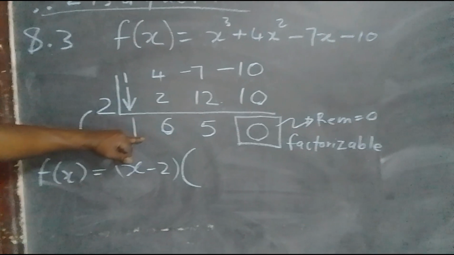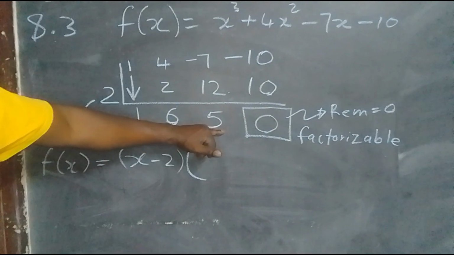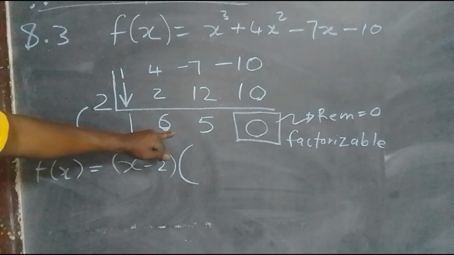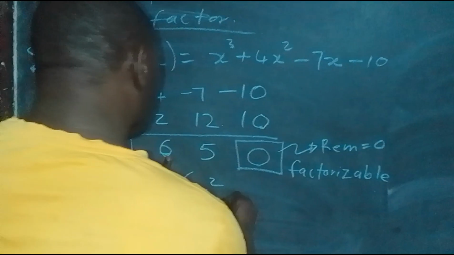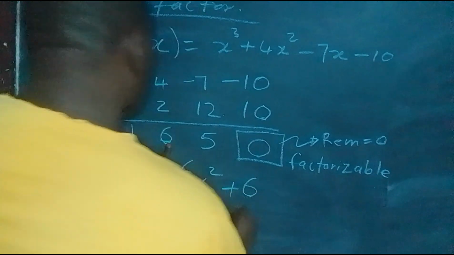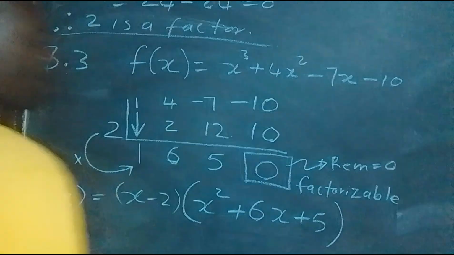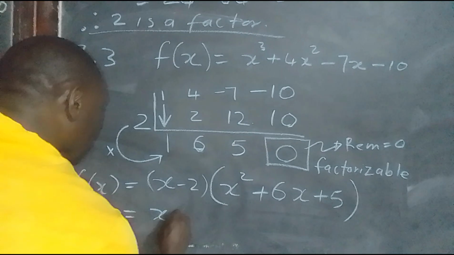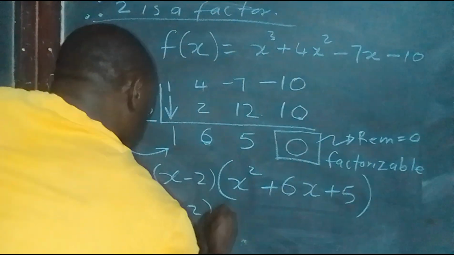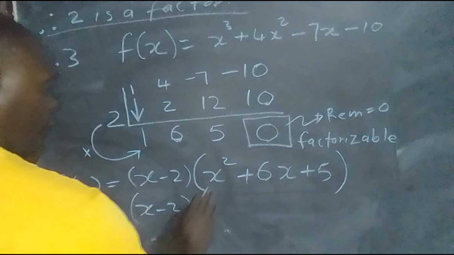Our highest order of x here is x squared: 1 x squared, 6 x, and 5. Let's factorize this one further, with x minus 2 equals 0.